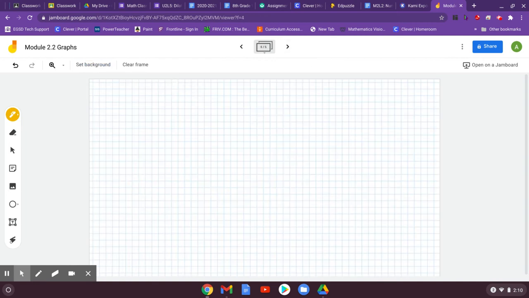So this is number 7. So we have hours, and technically our label is milligrams. So I'm going to put milligrams in here. 0 is 60. 1 was 48. 2, 38.4.